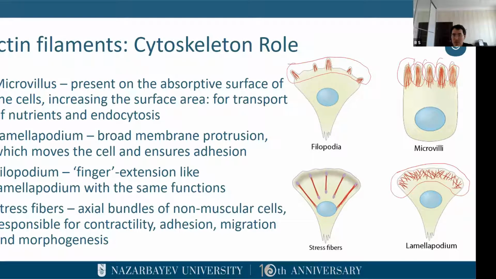They are usually formed mostly of these actin filaments, and they are needed to move some parts of the cell. If you take lamellipodia and filopodia, they are structures that are always close to each other.